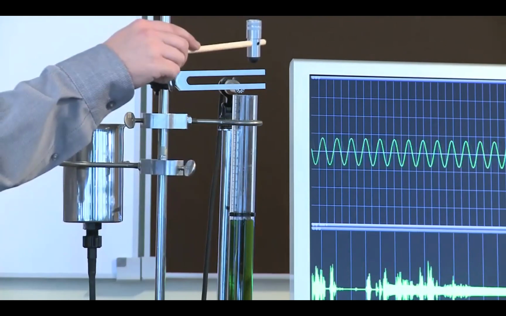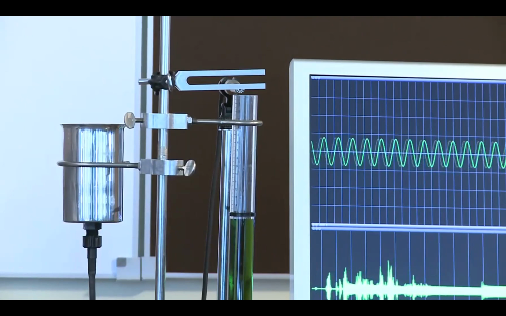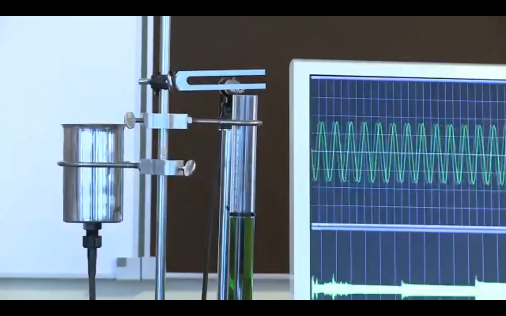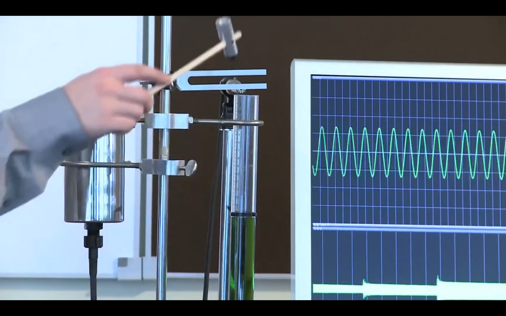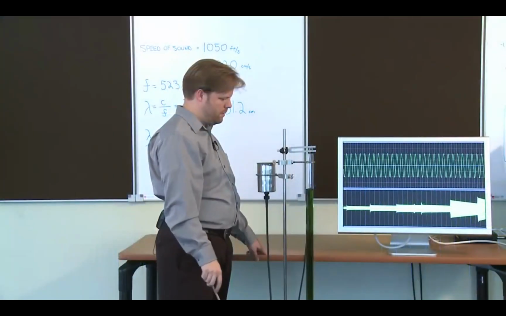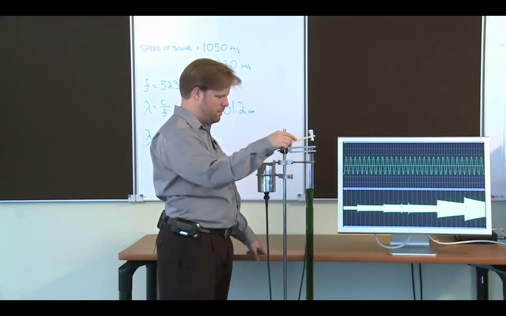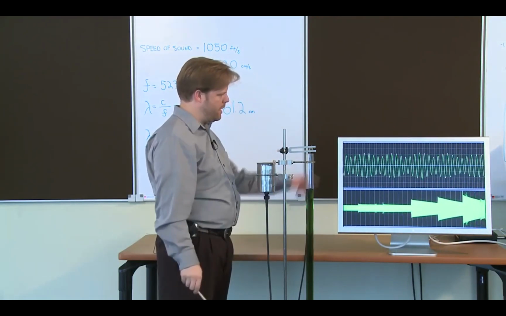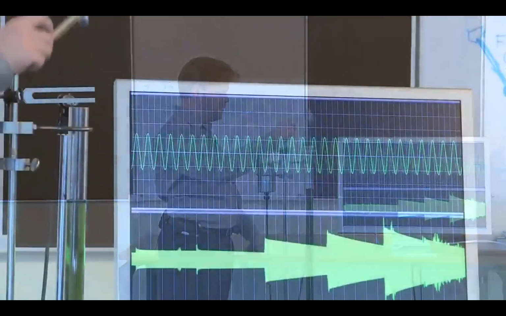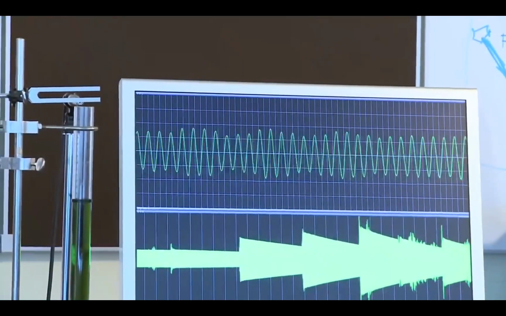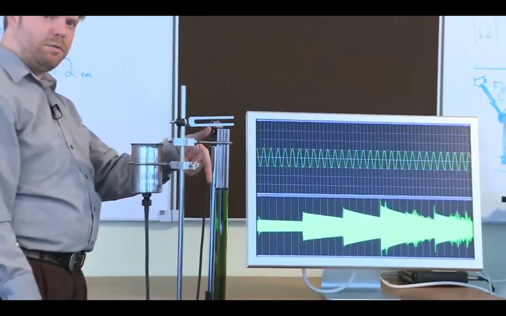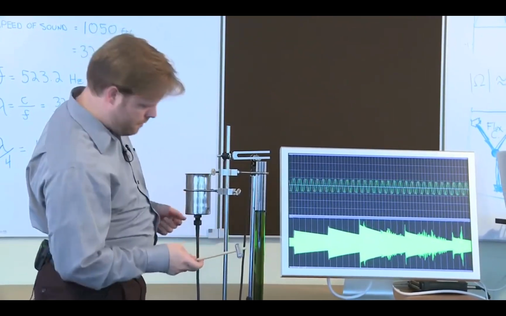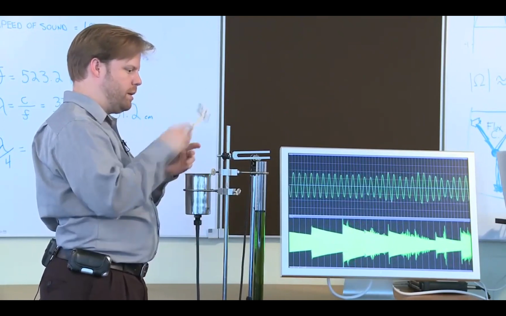Almost there. There it is. See how greater the amplitude is now on the oscilloscope. What's happening now is our tube is resonating the frequency of the tuning fork. I can prove it by moving the tuning fork off the pipe.